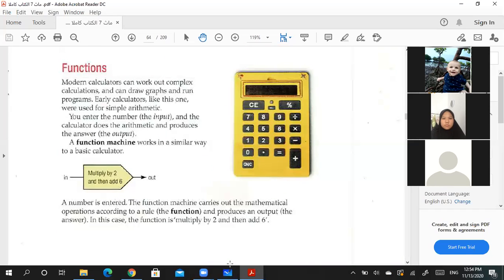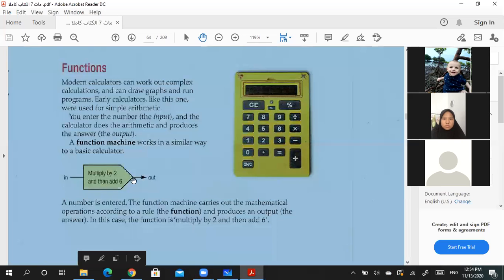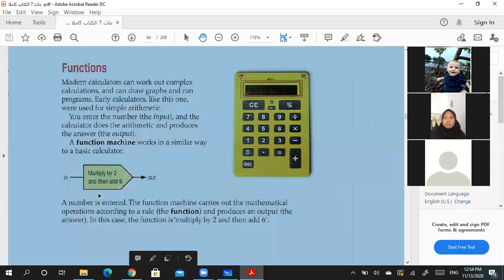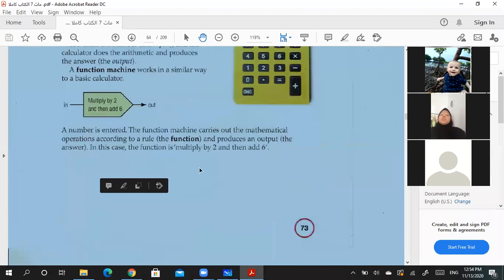We said that we have something called the function machine. It's like if you have a machine, for example, or let's say a box, you have inputs in that box and you have outputs out of that box. Then what is inside that box? Operations. The inside of that box is going to be the function.